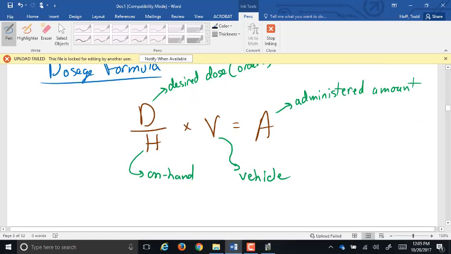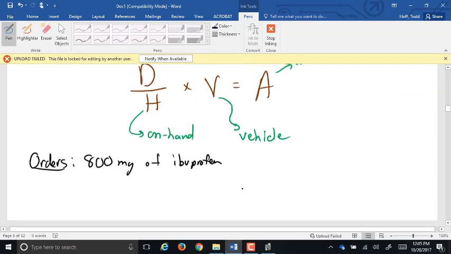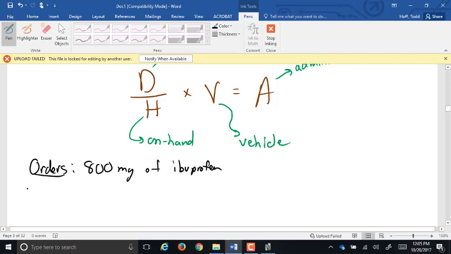So how does this work? Let's say the doctor orders 800 milligrams of ibuprofen. I'm sure I butchered the spelling, but oh well.